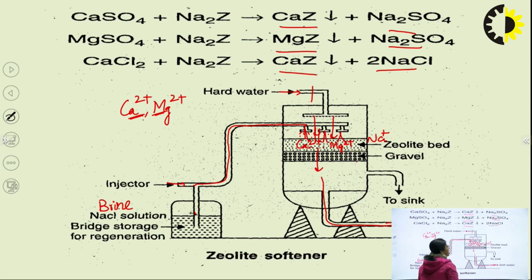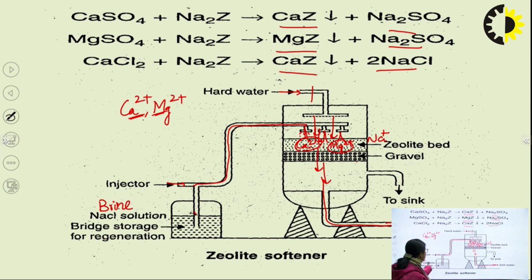So brine contains an excess amount of sodium ions. When this solution passes through the zeolite, the calcium and magnesium ions move out with the solution, and the sodium ions get incorporated into the zeolite bed.